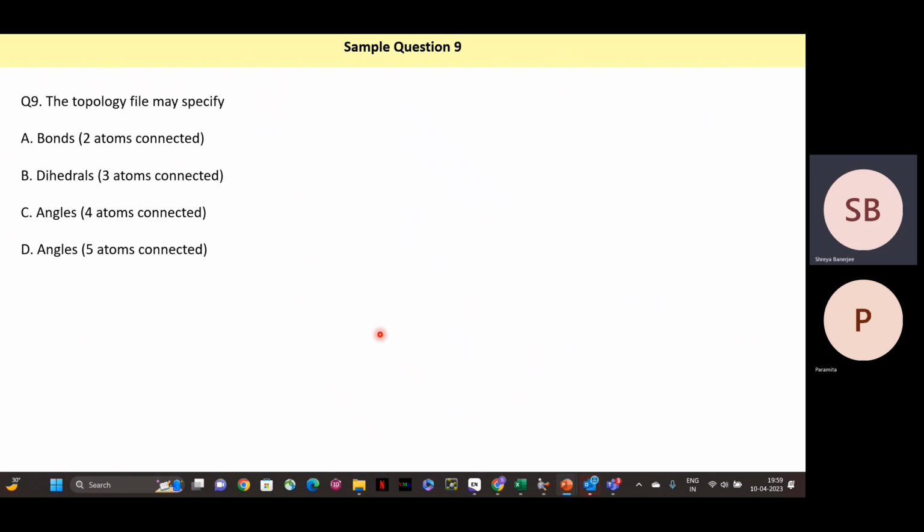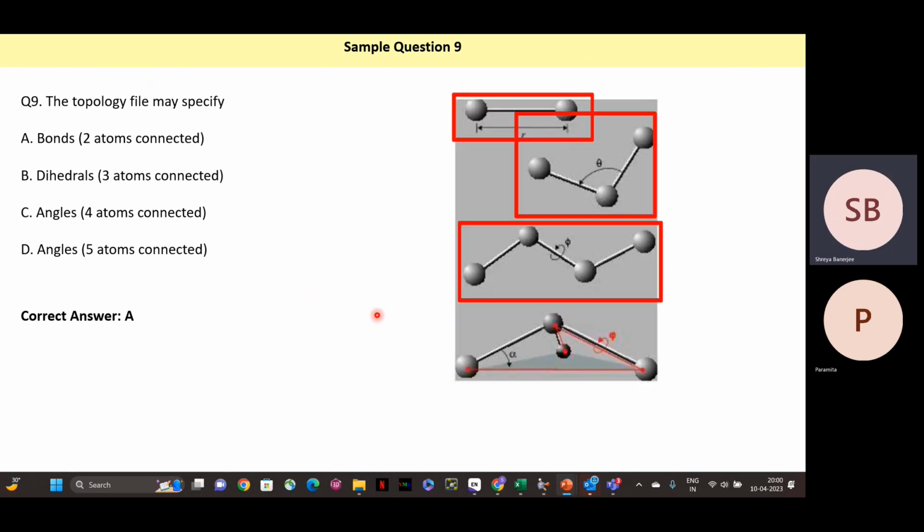Question 9 asks, the topology file may specify what? So the correct answer is A. Actually, it can specify bond, angle, and dihedral all.